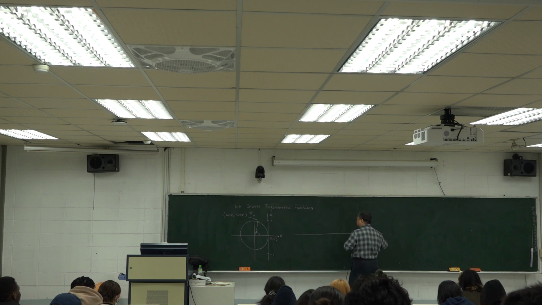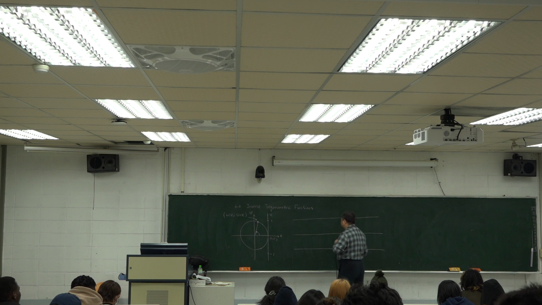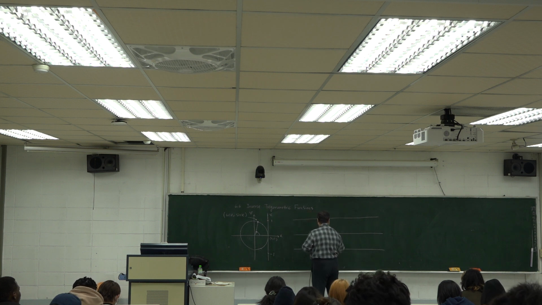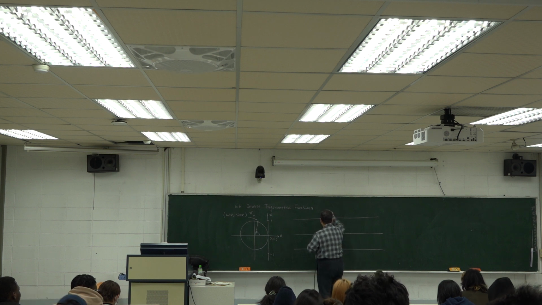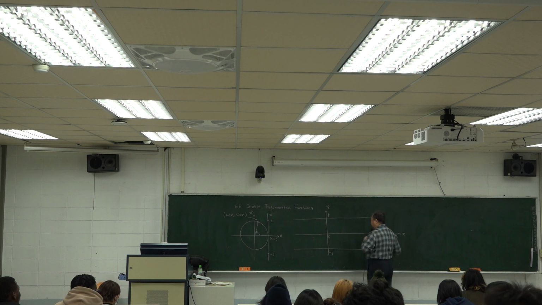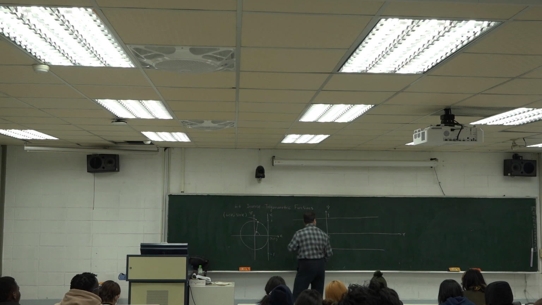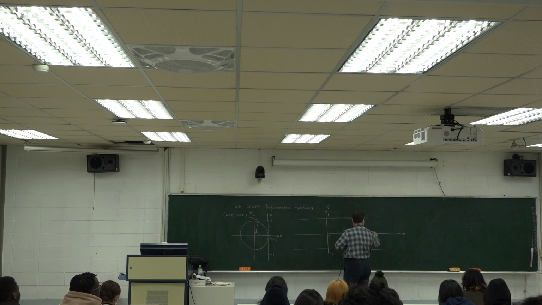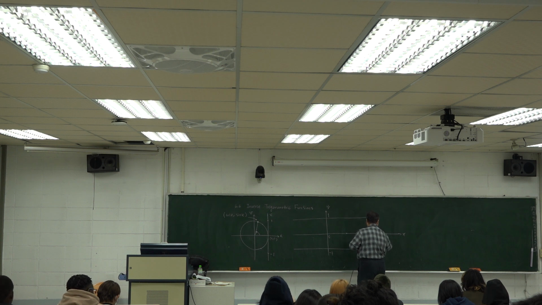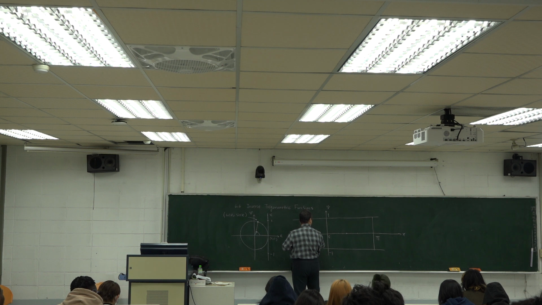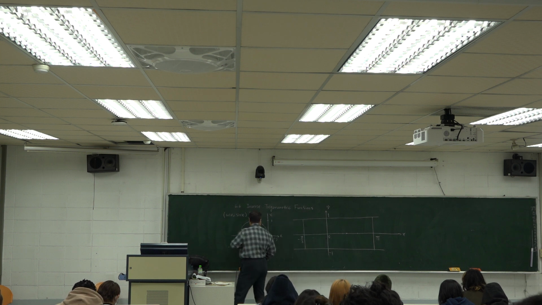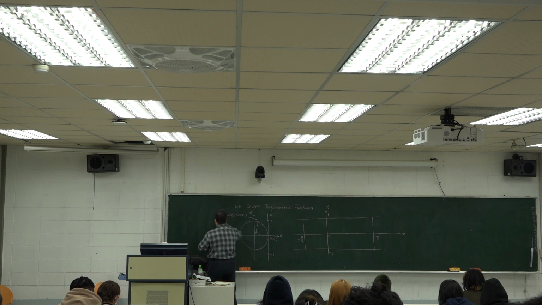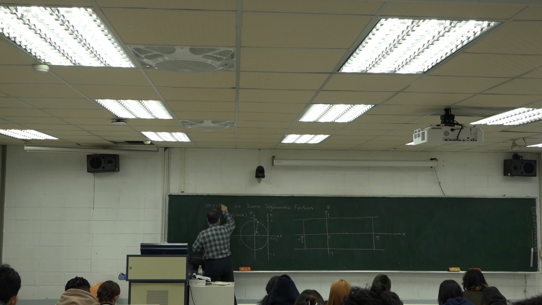Okay. X here, 1, 2, 3. X is given. The circumference is 2 pi.